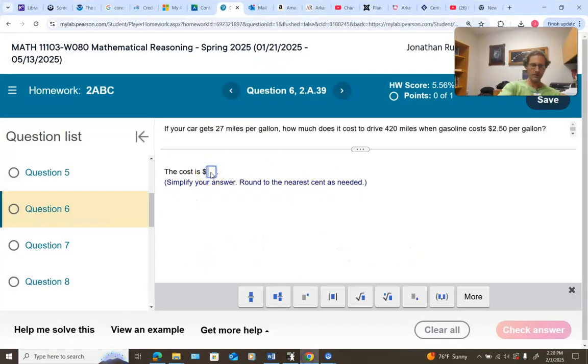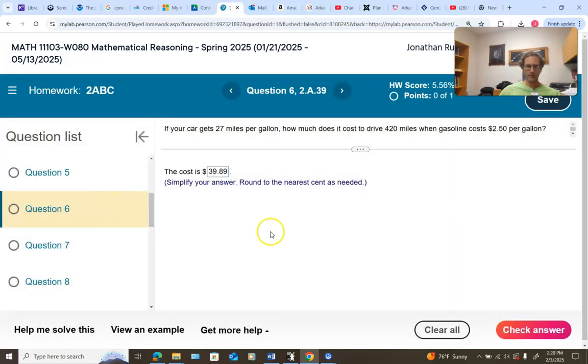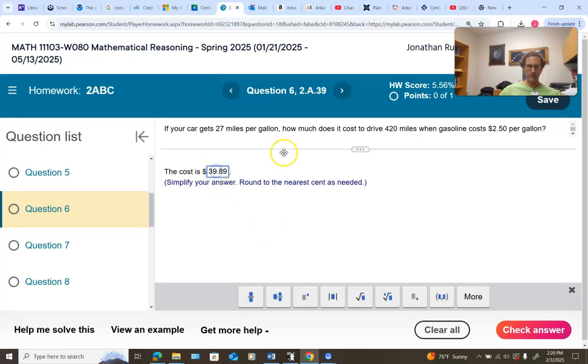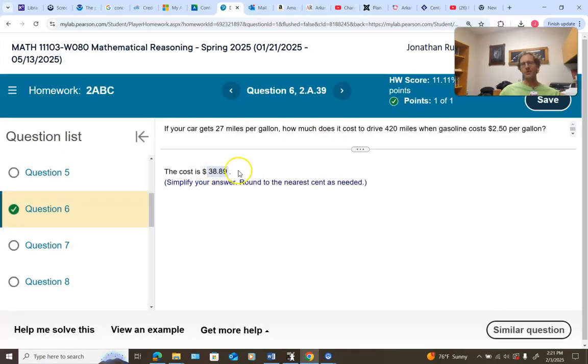So the cost is $39.89. And again, it says round to the nearest cent right here. Oops, I read it incorrectly. I think it was $38, wasn't it? Let me try this. Yeah, I just typed in the wrong number.